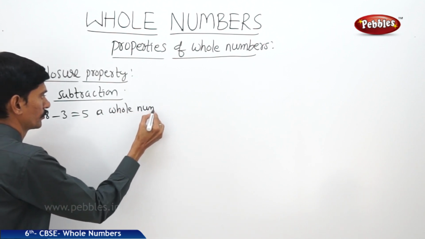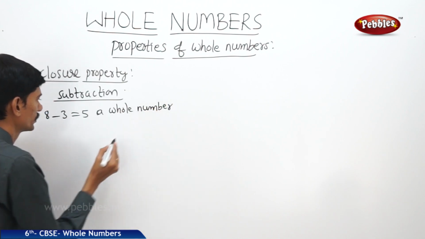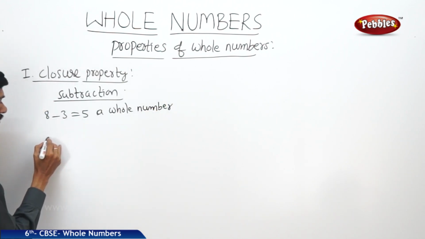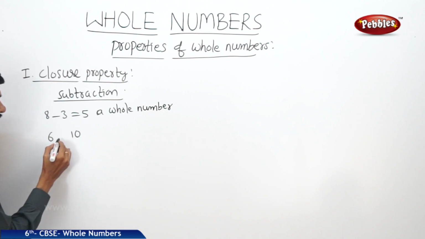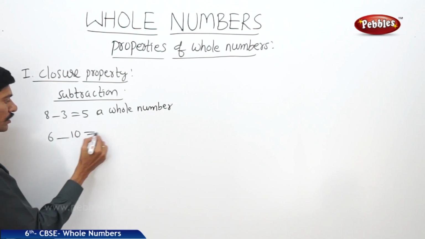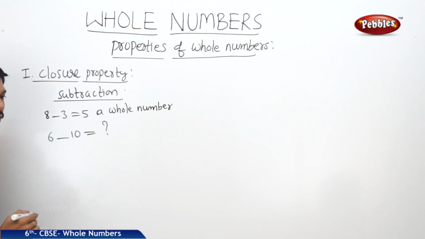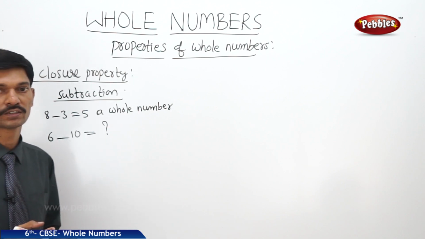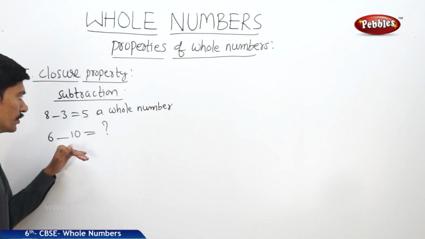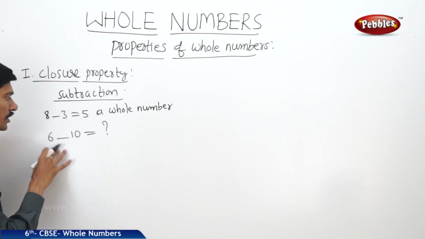But 6 is a whole number and 10 is a whole number, then their difference 6 minus 10, what is this number? We don't know the subtraction of 10 from 6.